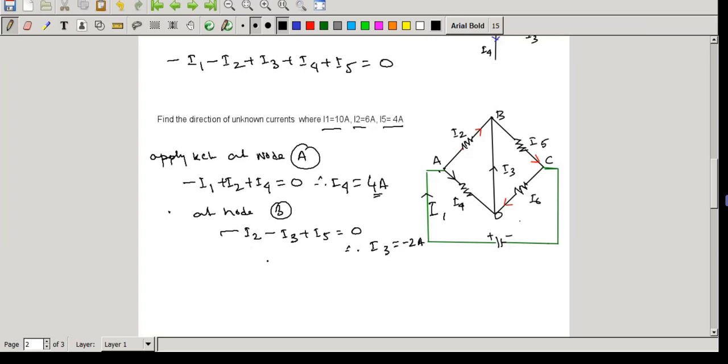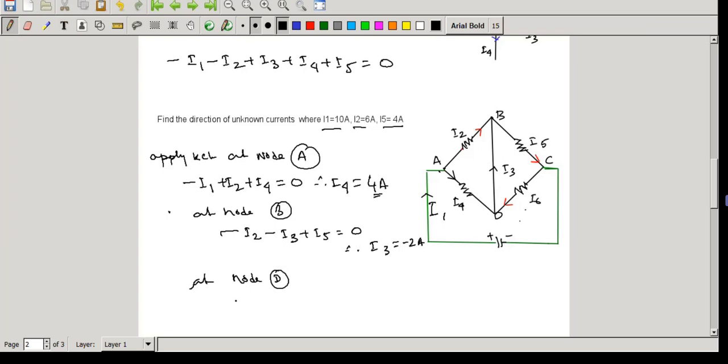Now similarly, if we apply KCL at node D, how many currents are there? There are also three currents: I6, I3, I4. I4 and I6 are inward currents and I3 is an outward current. So I4 and I6 are towards the node.